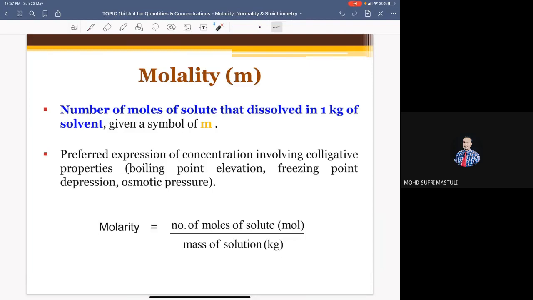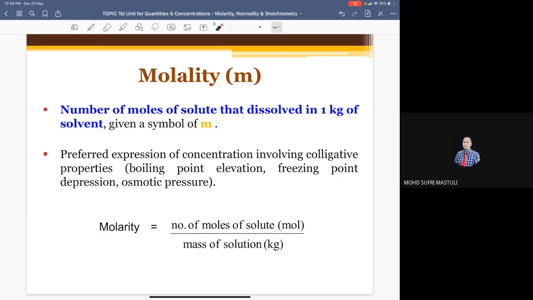Molality is small m. The molality is the number of moles of solute dissolved in 1 kilogram of solvent. If molarity is a mole of solute per volume of solution in liter, molality is per mass of solvent, so 1 kilo of solvent.